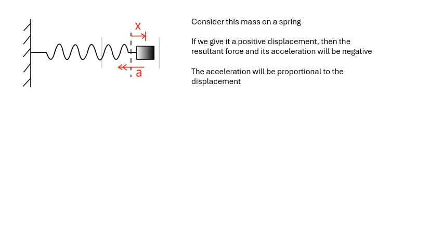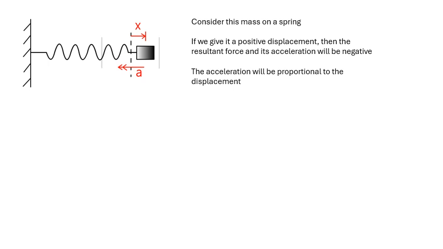Look at this. Consider this mass on a spring. And what we do is we grab hold of the mass and we give it a positive displacement and we let go. What's going to happen? It will accelerate in the opposite direction, and its acceleration will be proportional to its displacement.